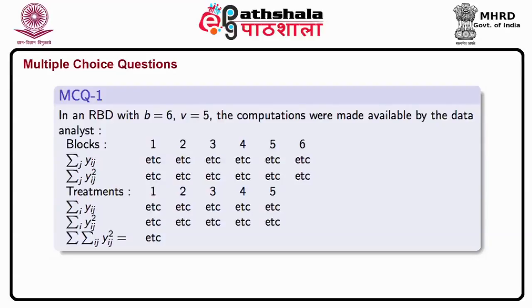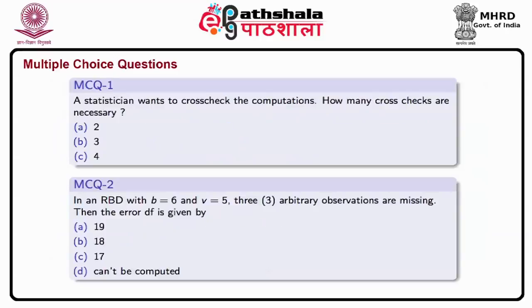And also the grand totals are given. So all these things are given, not the raw data. The question is, a statistician wants to cross-check the computations, and how many cross-checks are necessary for this? We have 3 options: 2, 3 and 4.